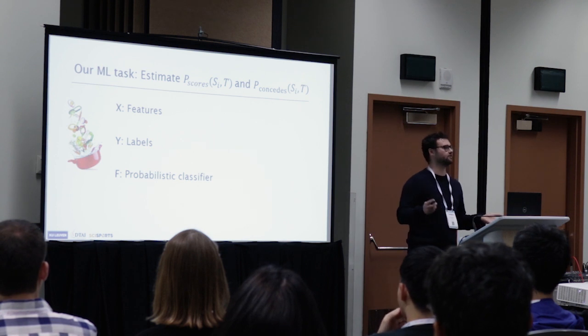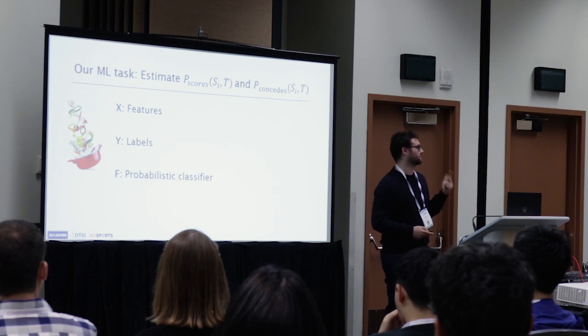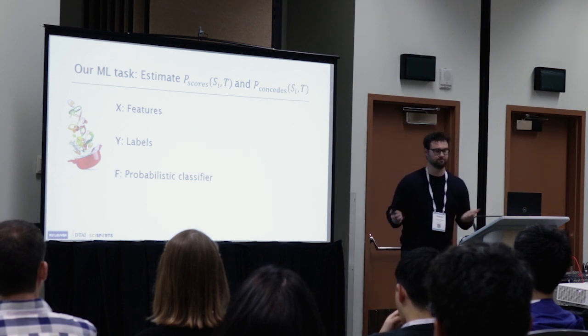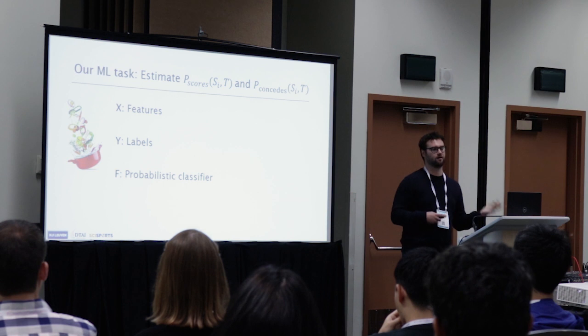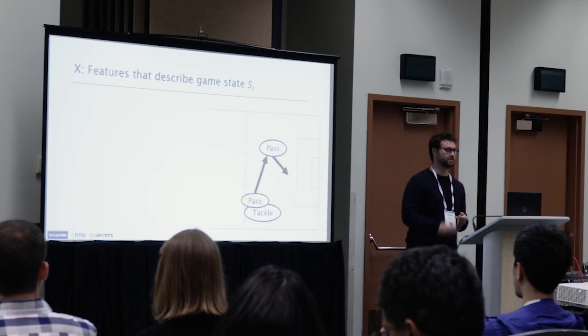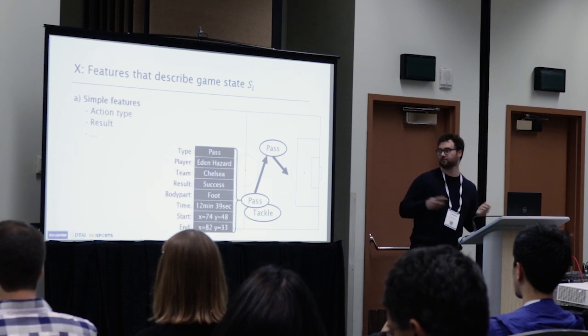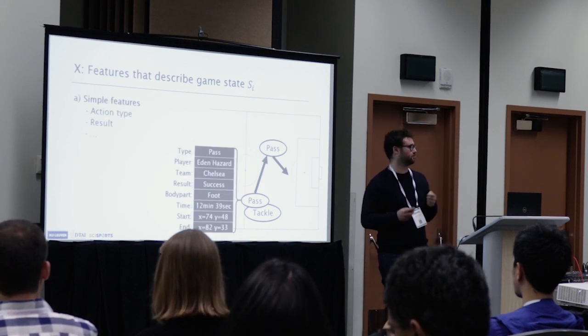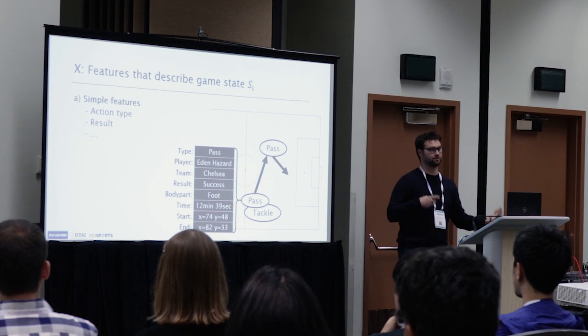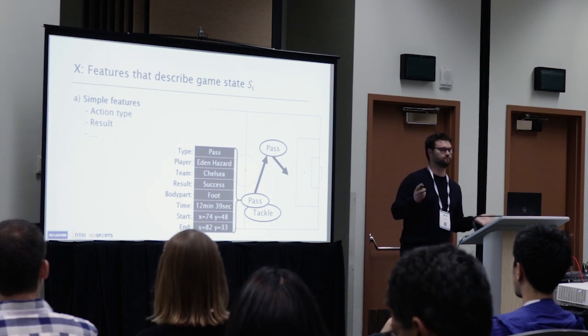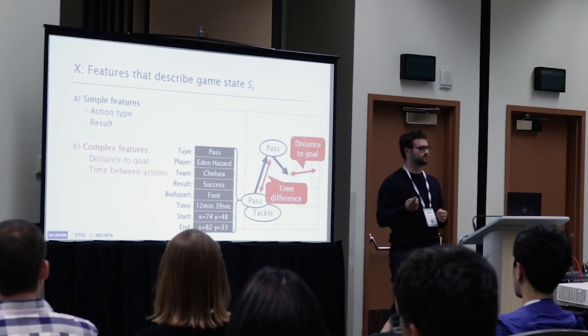So this is our machine learning task, estimating the probabilities. And in any machine learning problem, you have basically three ingredients: your features, your labels, and a classifier to solve it. Now I'll just quickly go over these three ingredients. The first ingredient: you need features that describe the current game state you're in. Luckily, we have this great language that is already really informative of what the current game state is like. But then you might want some extra information.